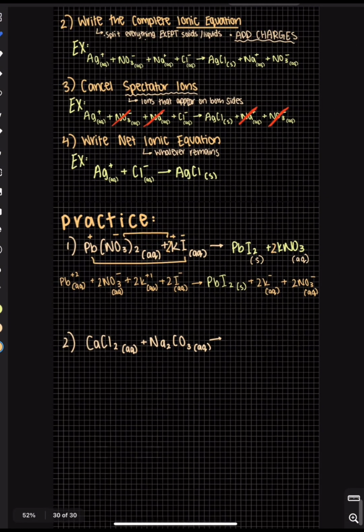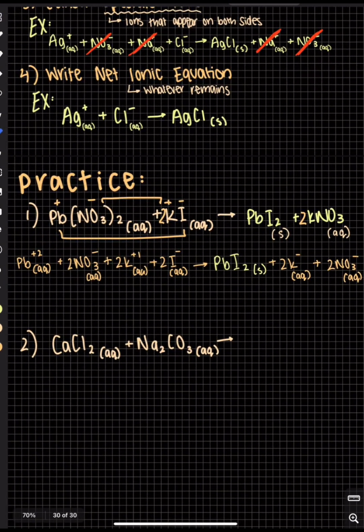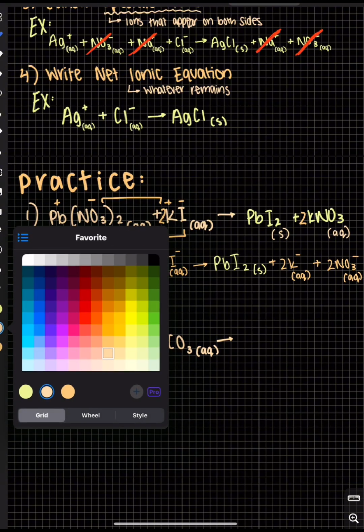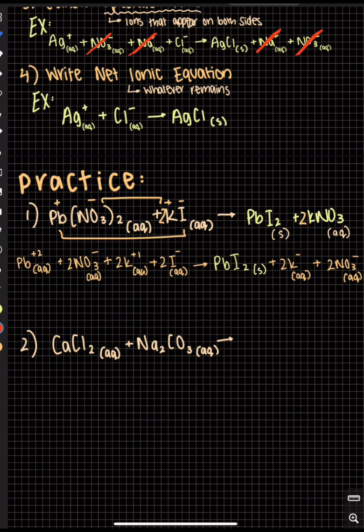Okay, this is your ionic equation, but it is not your net ionic equation. What do you need to do for your net ionic equation? You need to cancel out the spectator ions. What do I see here that is being repeated? There are 2 NO3s here and 2 NO3s here, which I can cancel out.